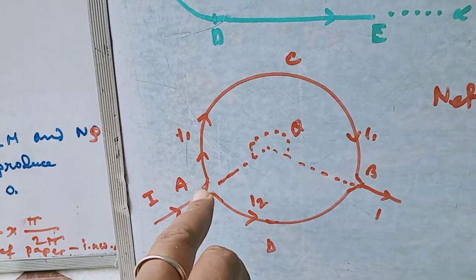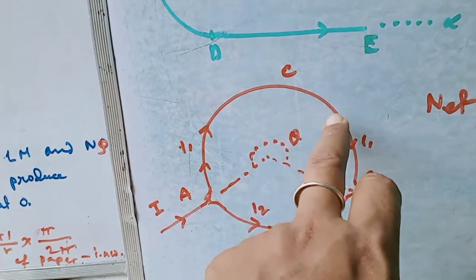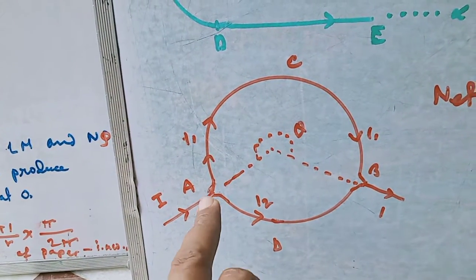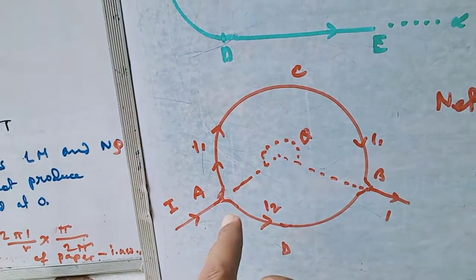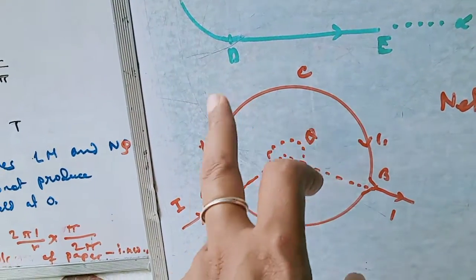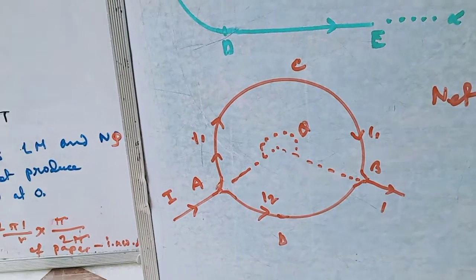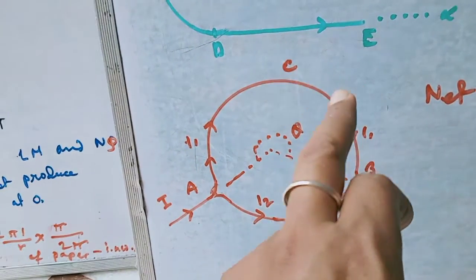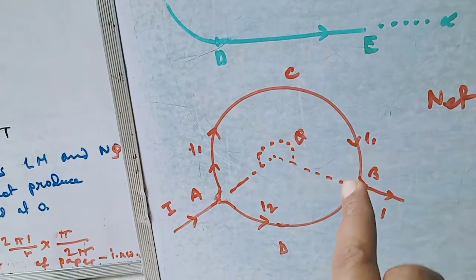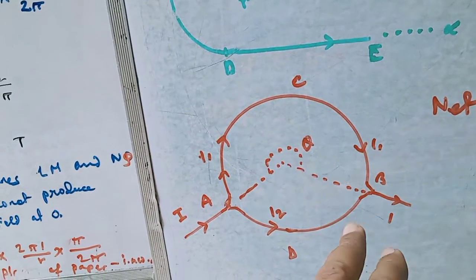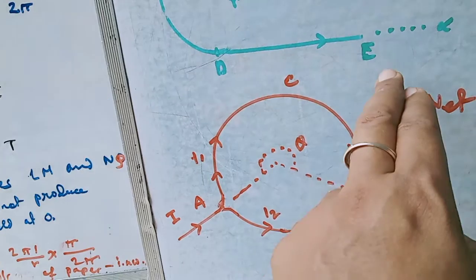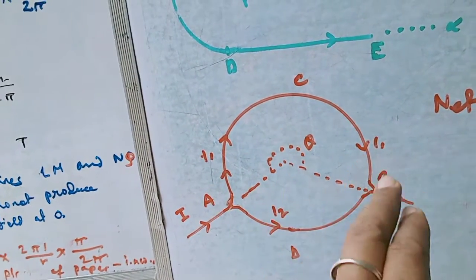If the current enters here and gets branched into two equal halves, and then goes in a straight line forming a semicircular arc, then this is one path, and this will be another path, a semicircle in the downward direction and a semicircle in the upward direction, and the current I goes out from this region.